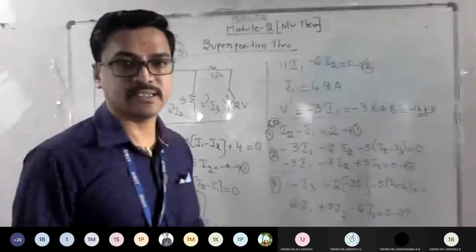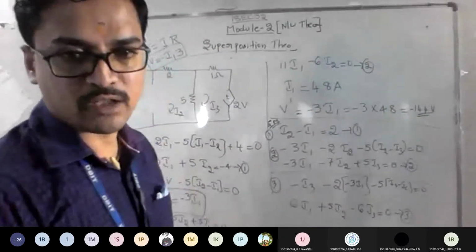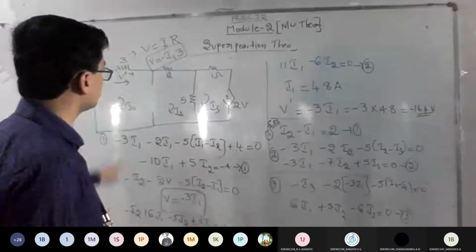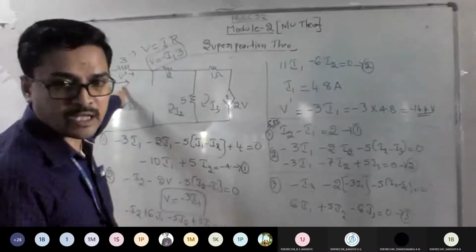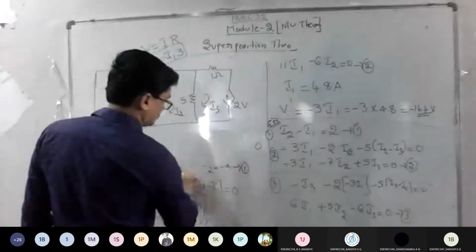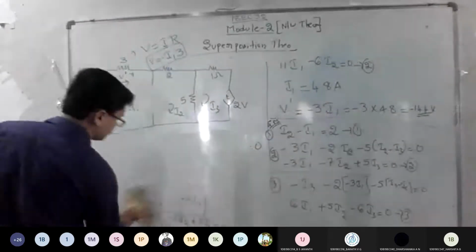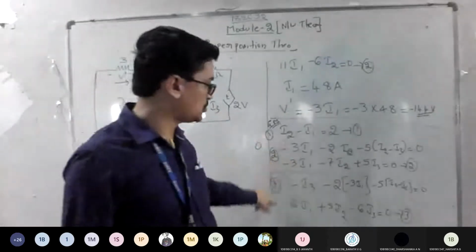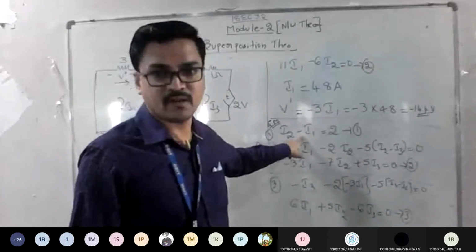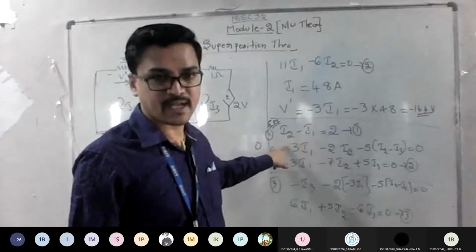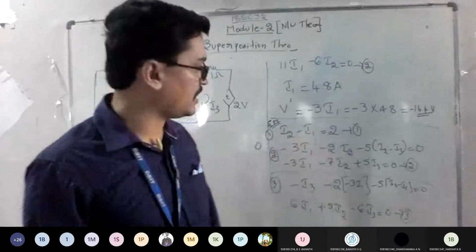Equation 1, 2 and 3. Check and solve this. I want only which current now? I want I1. What's the answer? So solve equations 1, 2, 3. Make sure in equation number 1, I3 is missing. So rearrange it: minus I1 plus I2 plus 0 I3 equals 2.